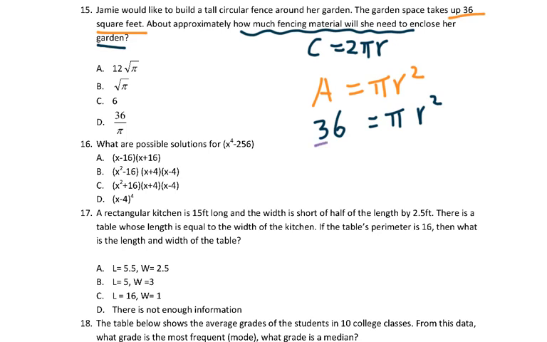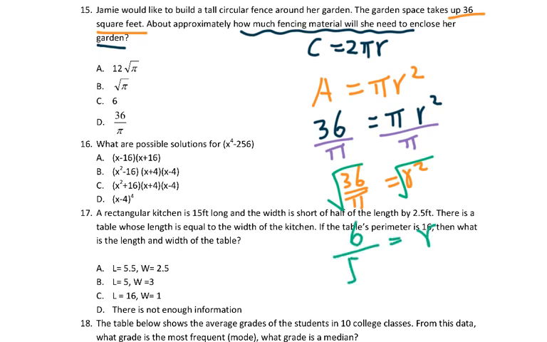Then we divide by pi on both sides. You will get r squared equals 36 over pi. Then on both sides we take the square root. Therefore, r equals 6 over square root of pi.